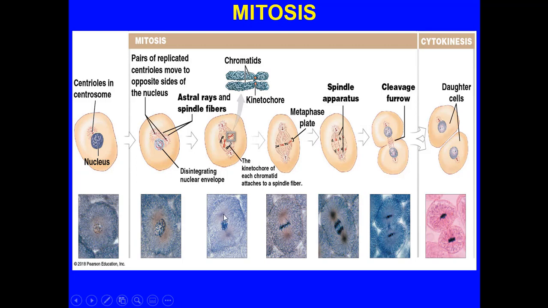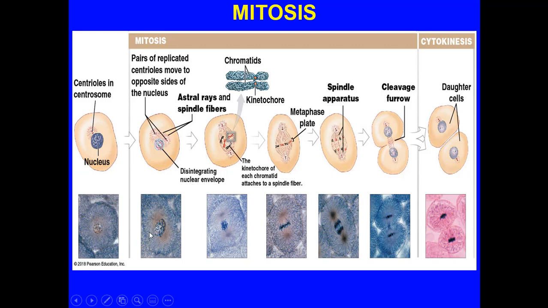Now, if you look at this cell here, you have the spindle fibers radiating all the way out. By the way, astral rays are those that are spread out opposite to where the nucleus would be. So these would be the astral rays here, and these are the astral rays here.